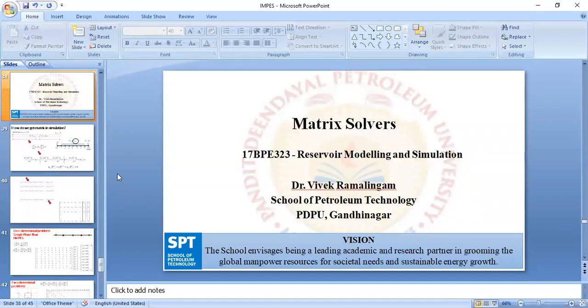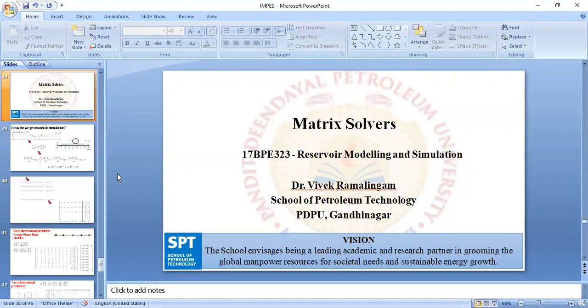A set of equations means how many equations? That depends on the number of nodes that we take, how many grids we divide the whole domain into, and how many unknowns there are in individual nodes. For example, for the single phase fluid flow model, you end up in a diffusivity equation, and that diffusivity equation has only one unknown, which is pressure.